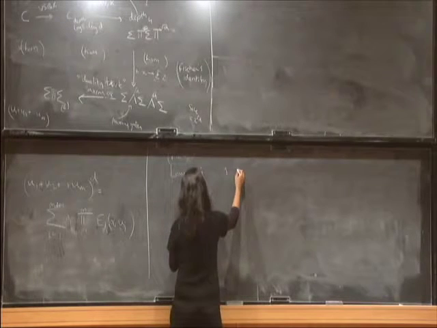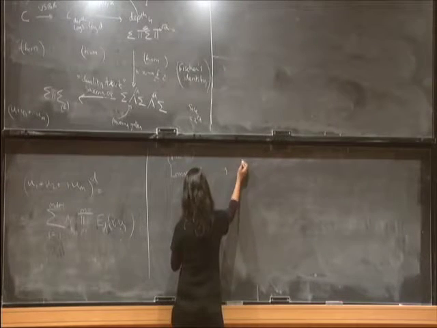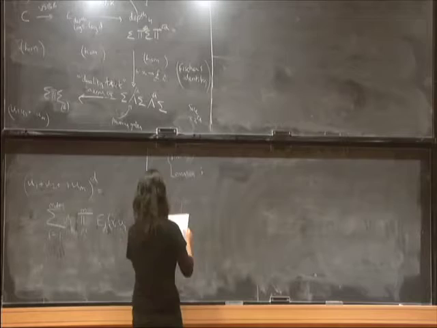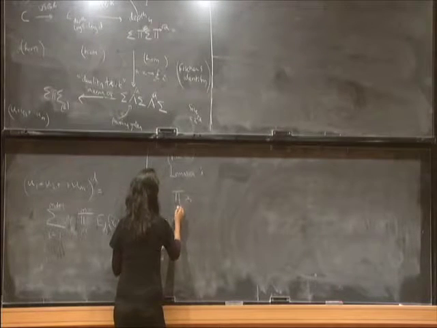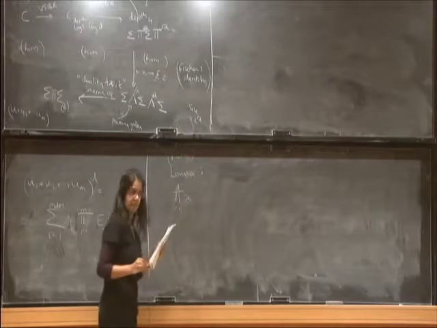Let's look at the product of x_i, i going from 1 to d.